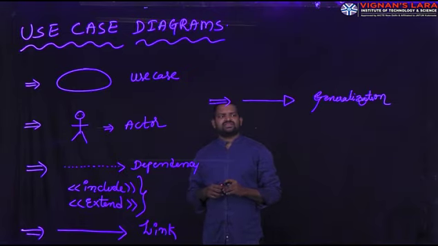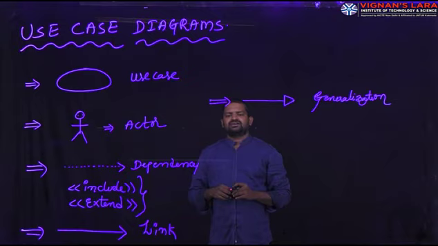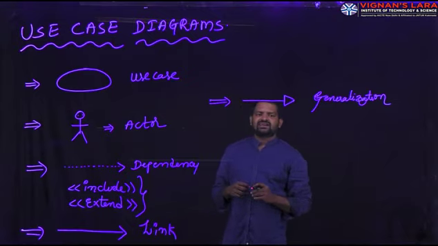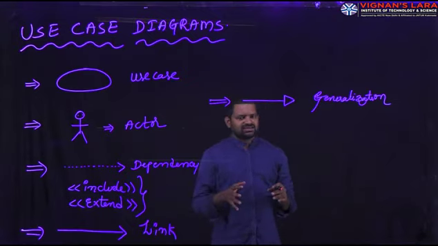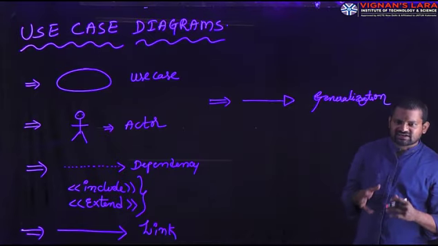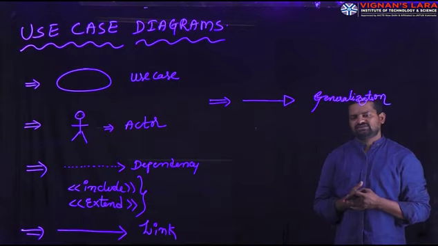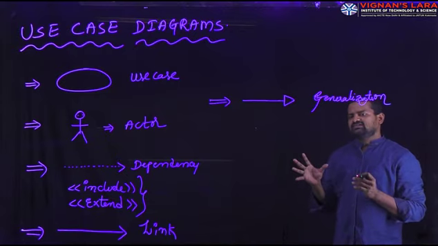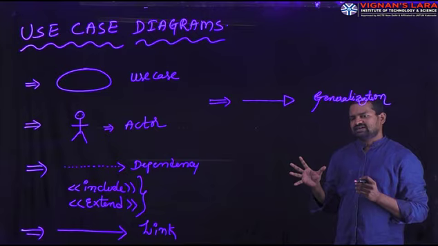We use generalization in a parent-child relationship. So these are the kinds of symbols which we have to use in use case diagrams.